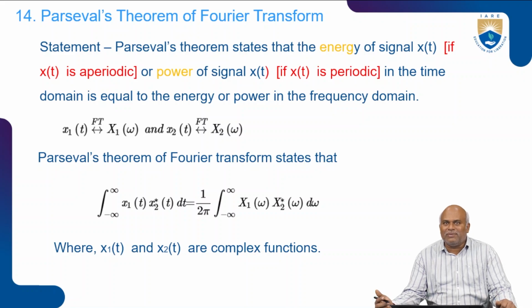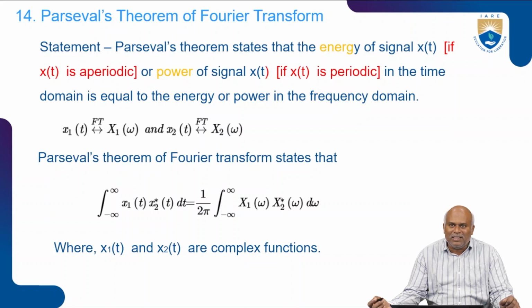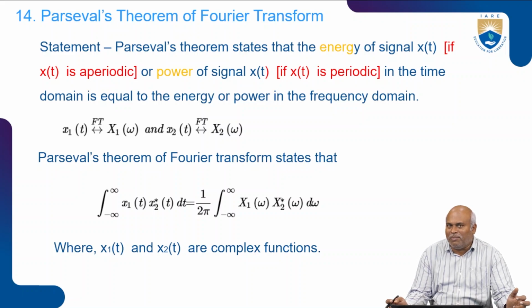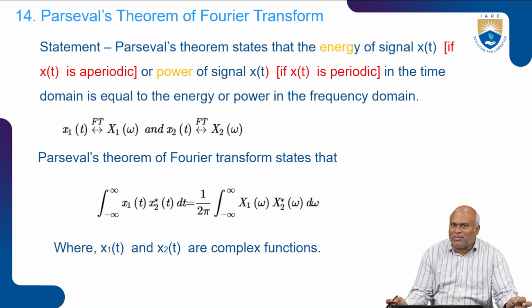This is called Parseval's theorem. In this theorem, I take two inputs, x1 of t and x2 of t. We take the Fourier transform of the inputs, which produces x1 of omega and x2 of omega.